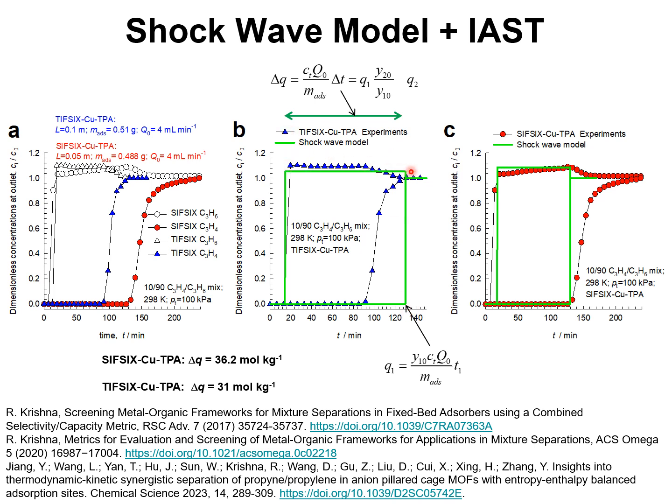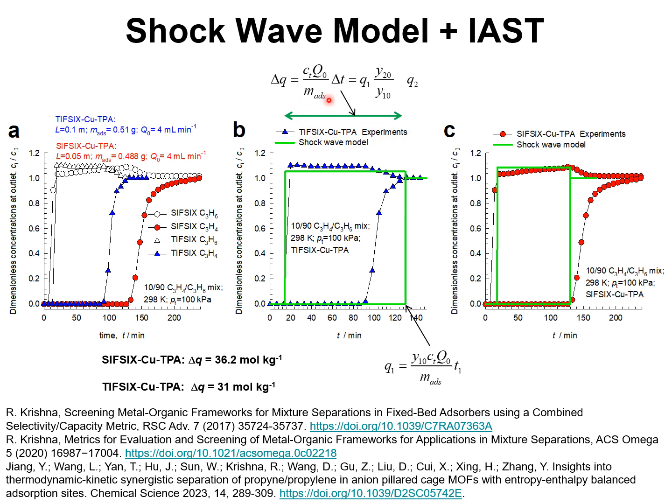During the time interval delta T, purified propene can be recovered, and the productivity of purified propene is given by this expression, delta Q equals C_T, total molar concentration of the gas mixture, times Q0 divided by mass of adsorbent times delta T. And this delta Q can be determined from the IAST calculations of q1 and q2, and this is the formula.